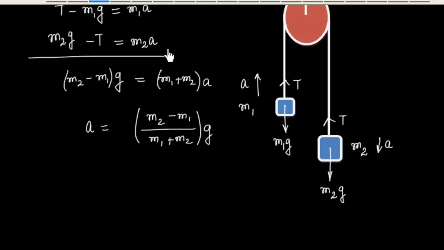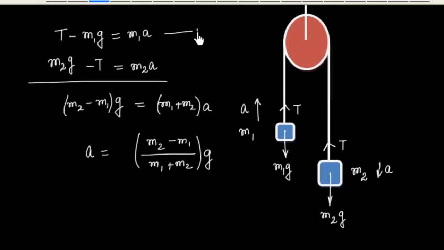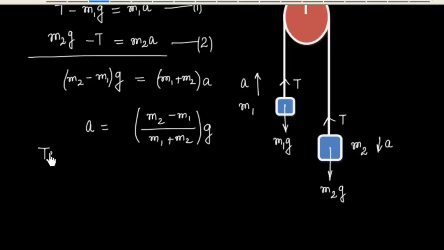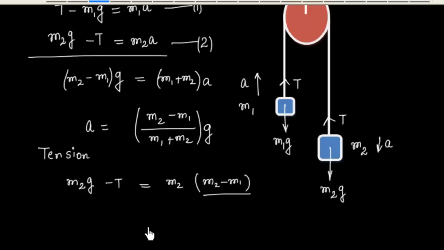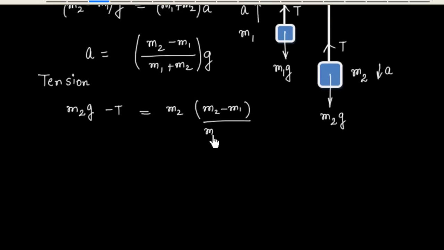Now let us find tension from equation 2. So this is my equation number 1. This is equation number 2. So let us find tension from equation 2. So m2z minus T is equal to mass, that is m2, times acceleration, which is m2 minus m1 divided by m1 plus m2 into z.